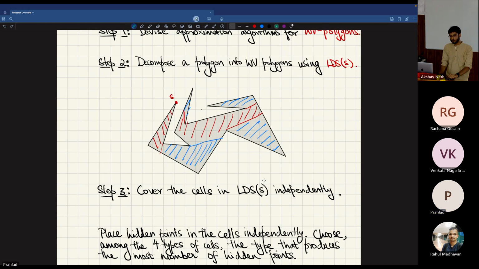It's not clear to me. So at least for our thing, it doesn't matter. The number of cells doesn't really matter.